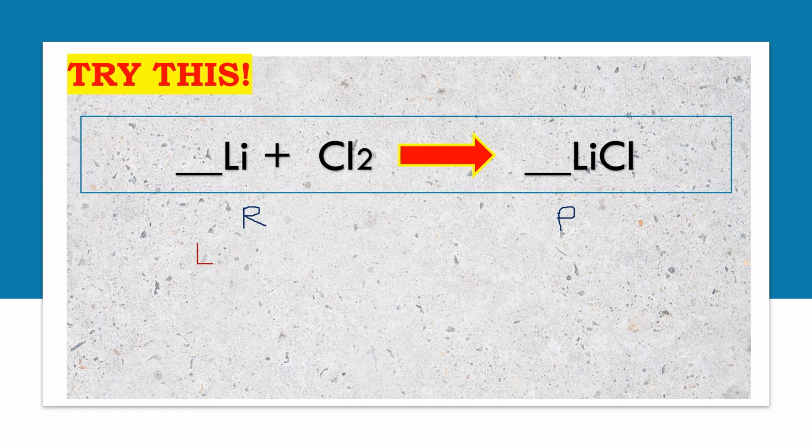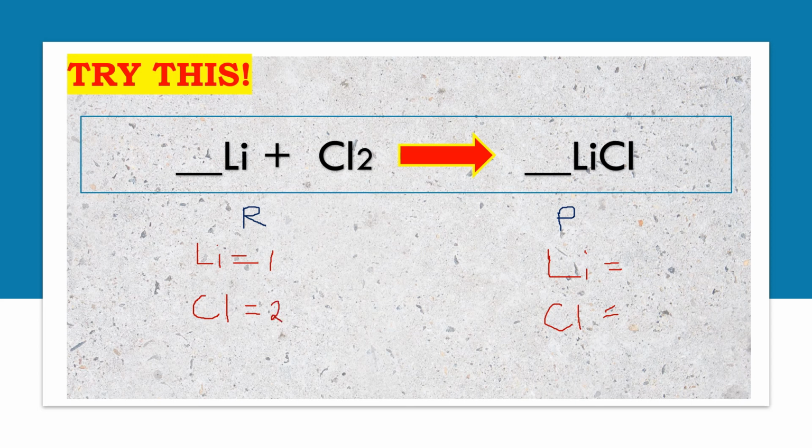So in step by step, you have chlorine and lithium. So ganun din sa kabila. So you have Li and Cl. Then identify the number of atoms present for each element. So you have 1 for Li and then 2 for Cl.